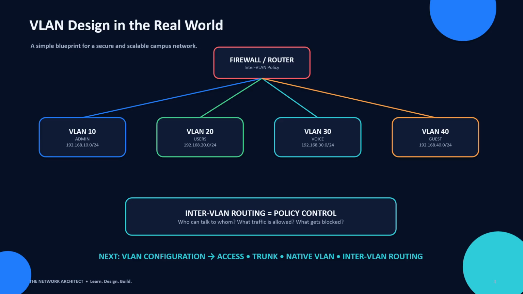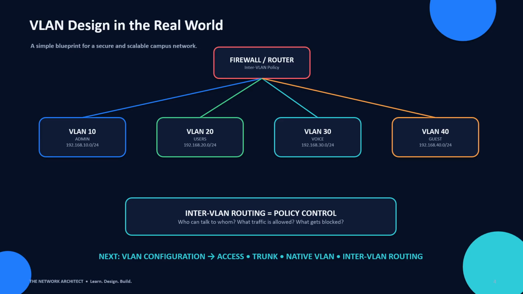Now, an important question: can VLAN 10 directly communicate with VLAN 20? Normally, different VLANs are separate layer 2 networks. To allow communication between them, we need a layer 3 device. It can be a router, a layer 3 switch, or a firewall.